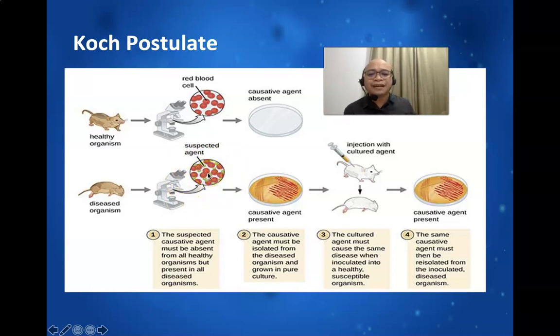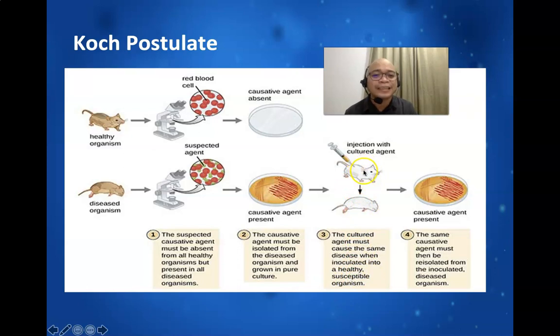Number 2, the causative agent must be isolated from the diseased organisms and grown into pure culture. So you get the blood of the organism and you allow it to grow in the culture medium. Then you get another healthy animal. The cultured agent must cause the same disease when inoculated into a healthy susceptible organism.